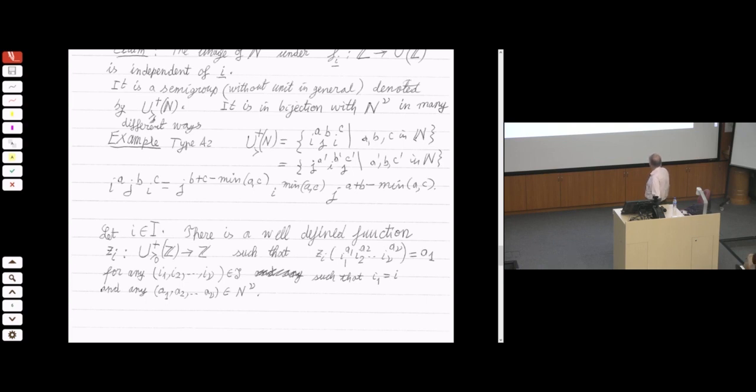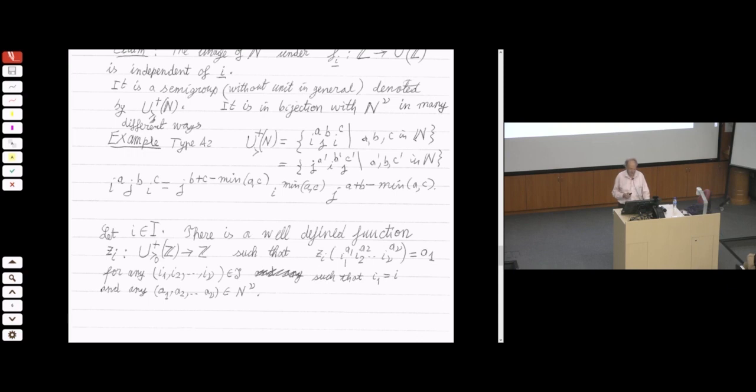You take some element of this semigroup, which is a product I1, I2, ..., I nu, but you insist that it starts with I1 equal to I, the fixed one given to you. Then you look at the exponent of the first I1, and that is the value of Zi.